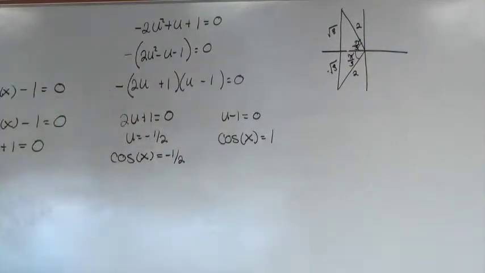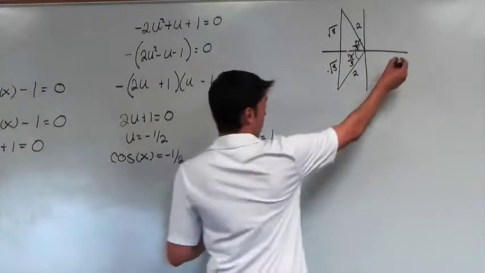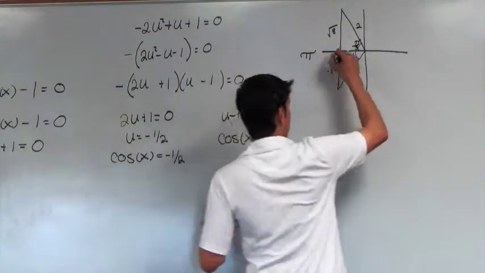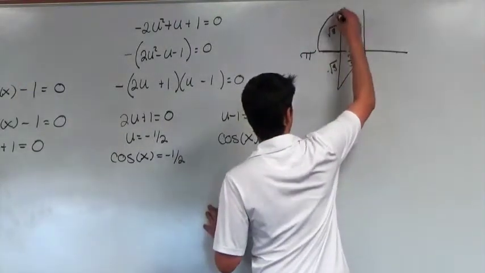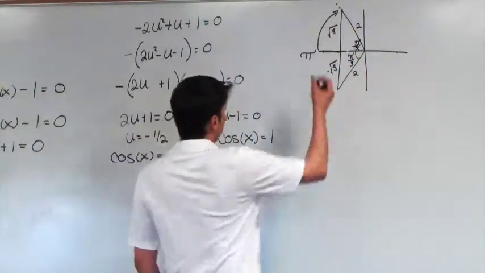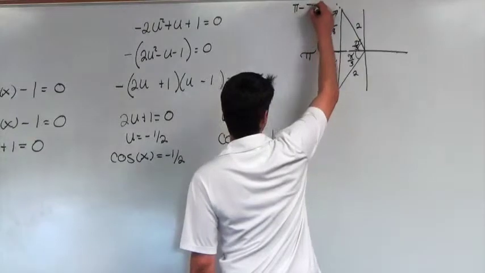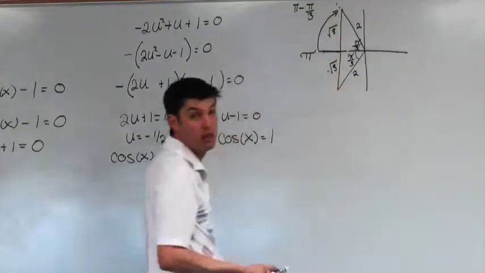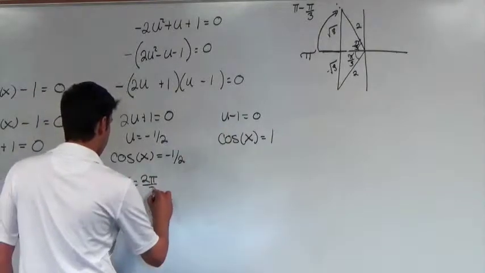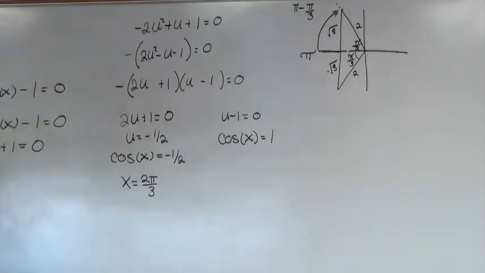So what are the solutions? Well, starting here, traverse around, you've gone a total of pi radians. Then what you would have to do is backtrack by pi over 3, and that would produce an angle of pi minus pi over 3, which is 2 pi over 3.